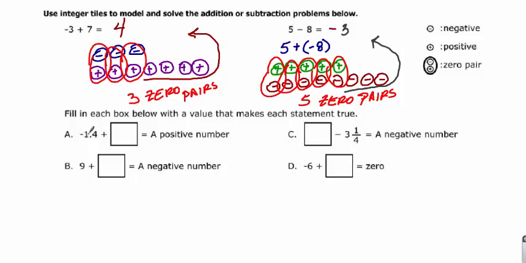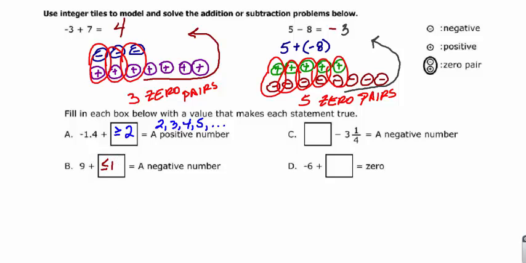Down in our logic problems, the first logic problem looks pretty familiar. You have a negative plus something to make a positive. You have to have more than the -1.4. So you have to have something, an integer, at least 2 positives or greater. Could be 2, 3, 4, 5, any of those. For 9, +9, plus something to get a negative, well, we need to have more negatives than that positive.